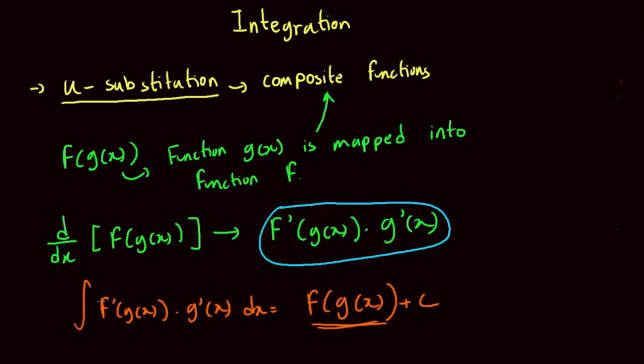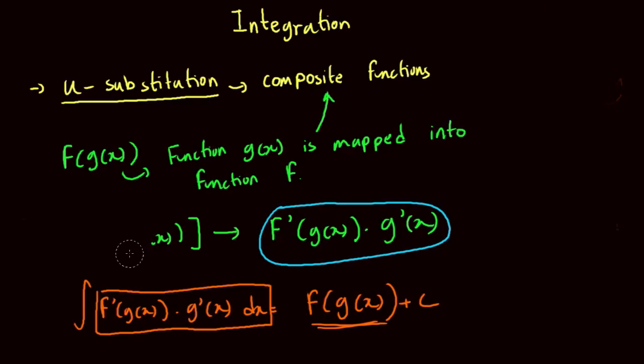But normally, when we actually do the integration of this kind of function, it's very tricky, really tricky, because where do you start? How do you integrate? Let me give you one example of this kind of function.